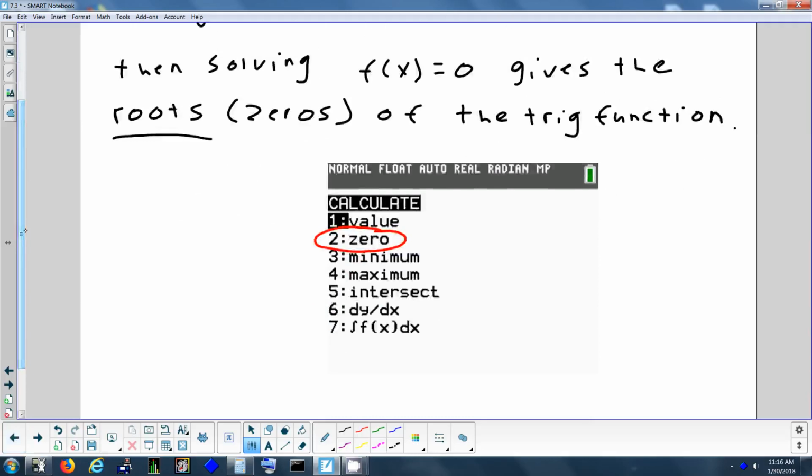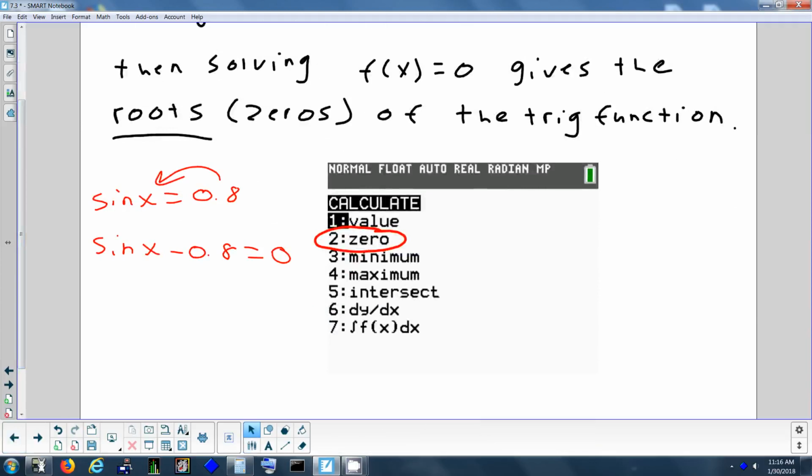So that last problem we just did, was it sine of x, was it 0.8? So if you wanted, you could do something like this. All I did was subtract 0.8, bring it to the other side. Now I have this equation equal to 0. Watch what happens if I graph this in y1.